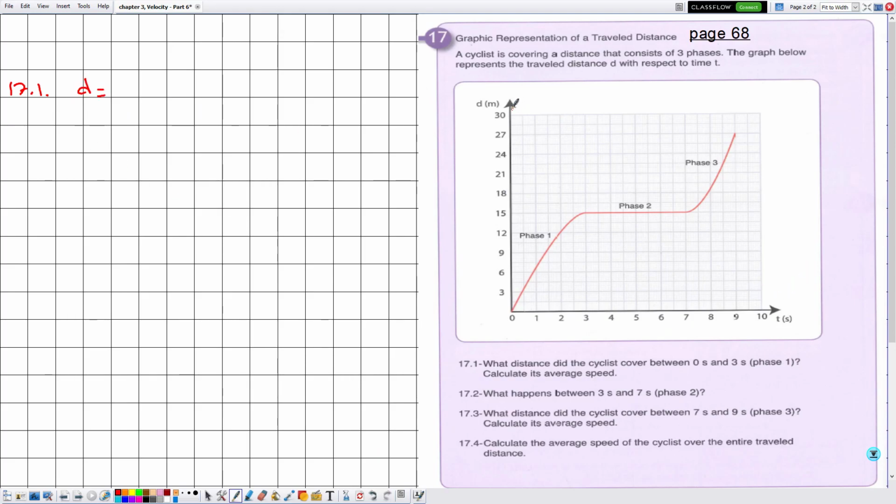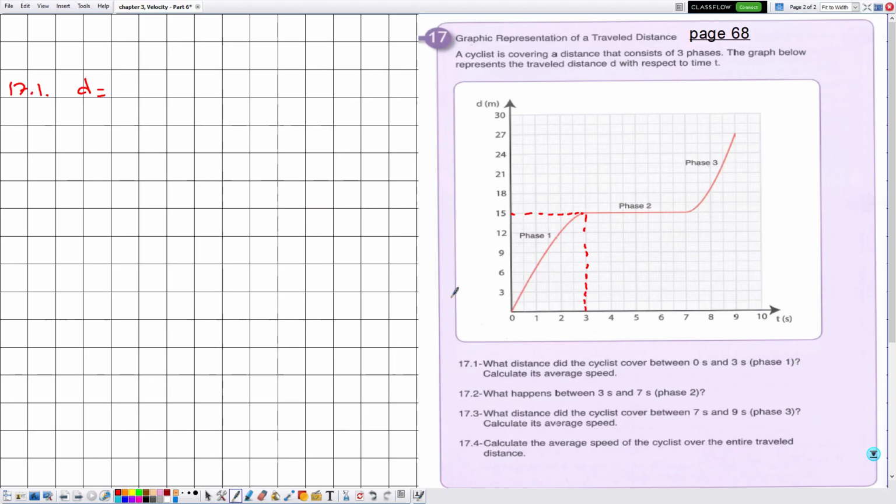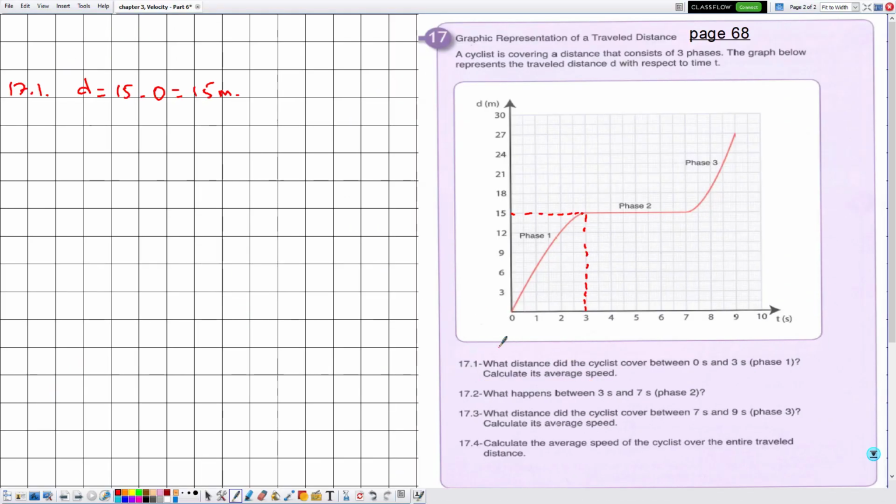So they are asking me about the distance covered. So notice that the distance represents the y-axis. So during phase 1, the distance is given by 15 minus 0, which is equal to 15 meters, between 0 seconds and 3 seconds. And they are telling me to calculate its average speed. We know that the average speed is given by Vm is equal to d divided by delta t.